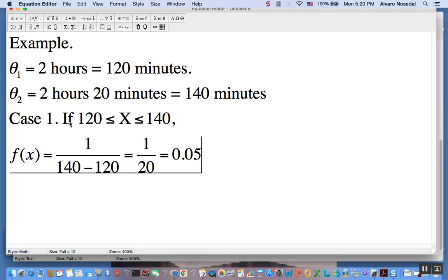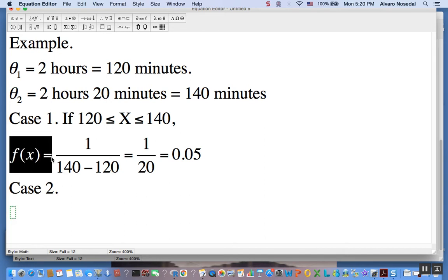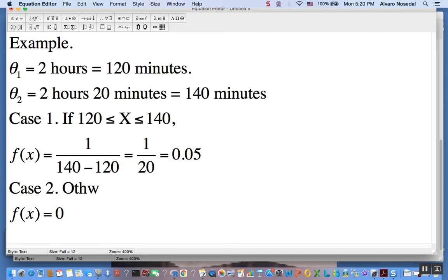Okay, and the other case is case number 2. f at x will be 0 otherwise.